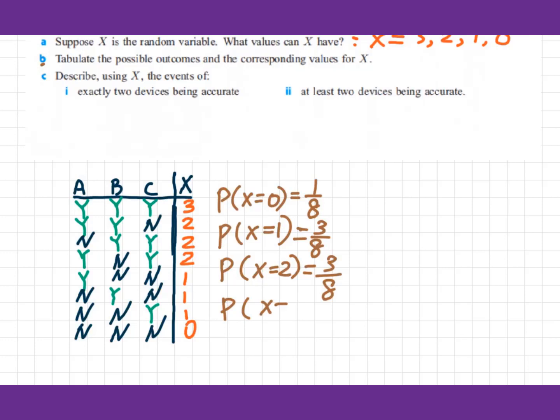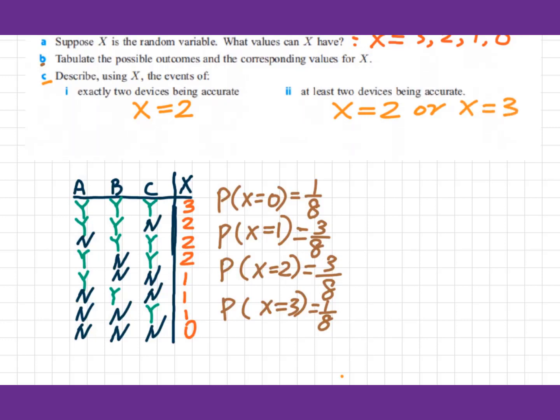Probability for X equals 3, 1 over 8. For C, describe using X the event of exactly 2 devices being accurate. That means X equals 2. At least 2 devices being accurate, which means X equals 2 or X equals 3.